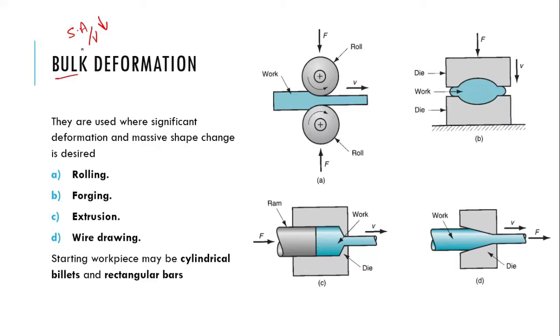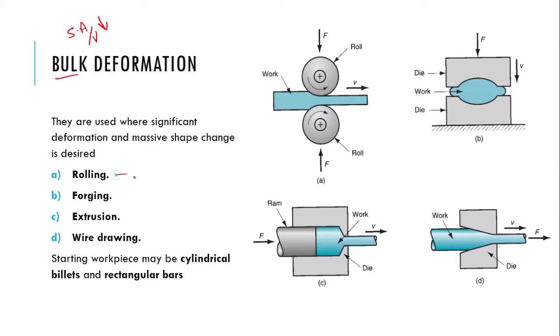In the sheet metal operation, there is no significant deformation or shape change, unlike the bulk deformation.